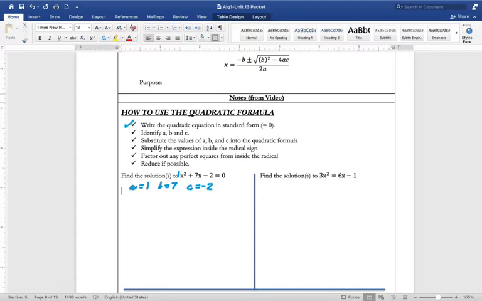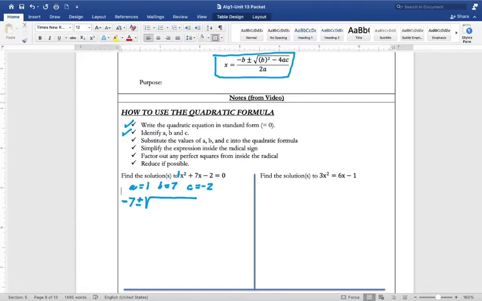Okay, so we've identified A, B, and C, and now our next objective is to substitute everything into this formula that sits right up here. Now I'll leave the x equals part off for the moment, just for the sake of space. So this is going to read as follows. It's going to say negative b, so negative 7, plus or minus the square root of b squared. Now you'll notice in the formula I put b in parentheses.